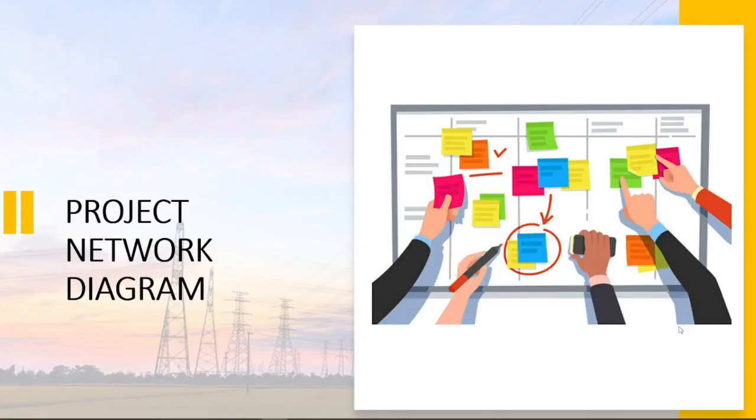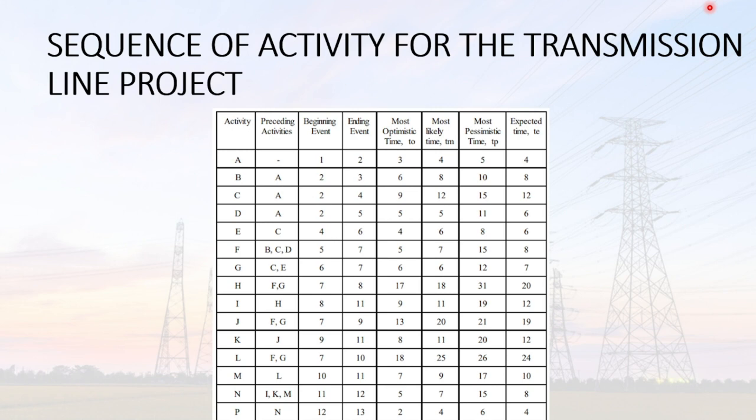My name is Fu Zifeng, matric number 211361410, and now I'm going to talk about the project network diagram. First of all is the sequence of activities for the transmission line project, which means our project.